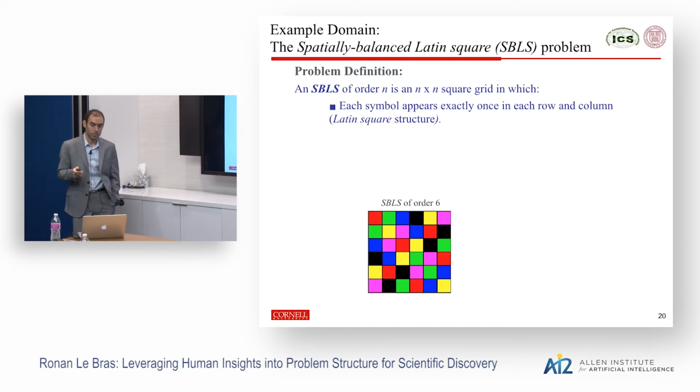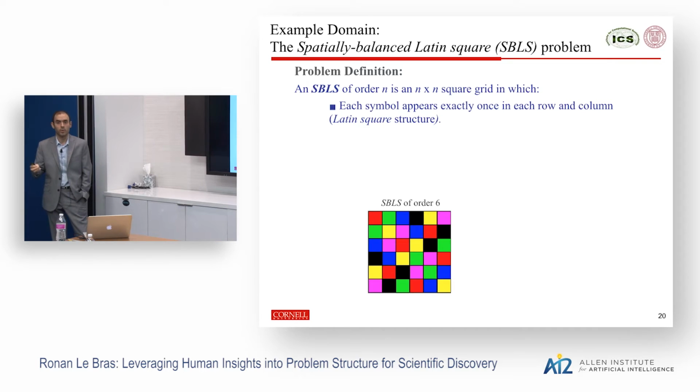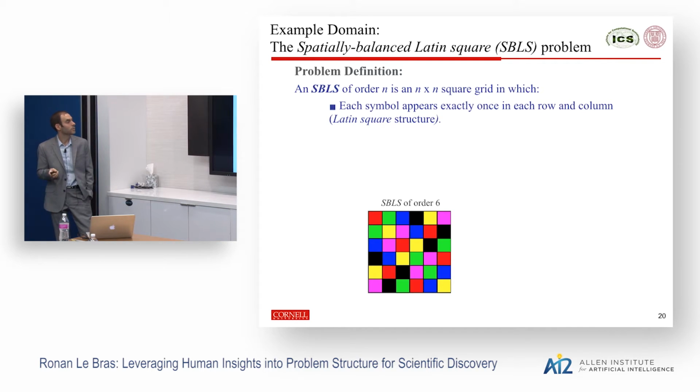That's why people in agronomy at Cornell came up with the structure of the spatially balanced Latin square to address this issue for the design of experiments. So basically, there is this structure called the spatially balanced Latin square problem that captures what they wanted to have for the design of fertilizer experiments.